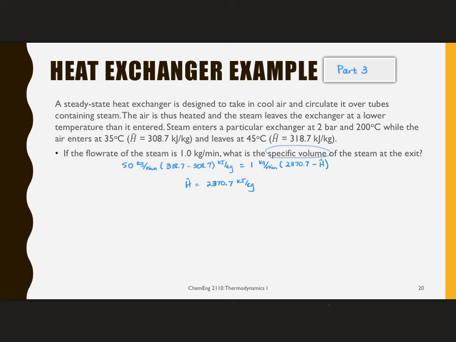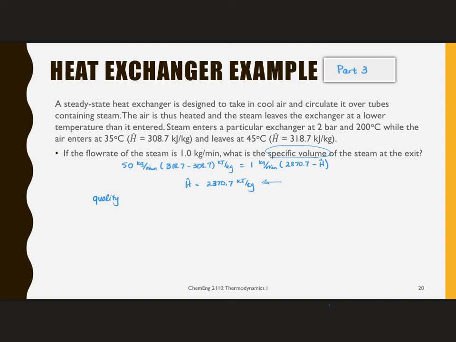Okay, now, have I lost track of the problem? It was to find the specific volume. What this tells me is this helps me identify the exit state. Now then, let's go look at 2 bar with this enthalpy. If you go to the saturated table, what you're going to find is that this enthalpy is between the liquid and the vapor enthalpy. So therefore, this is going to be saturated, so I need to find the quality.